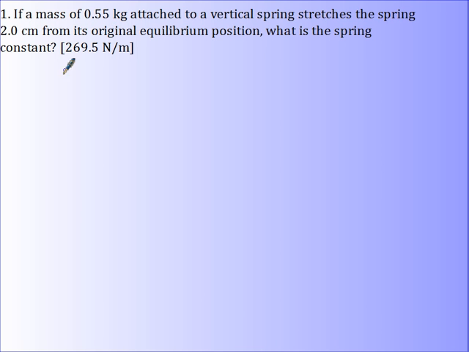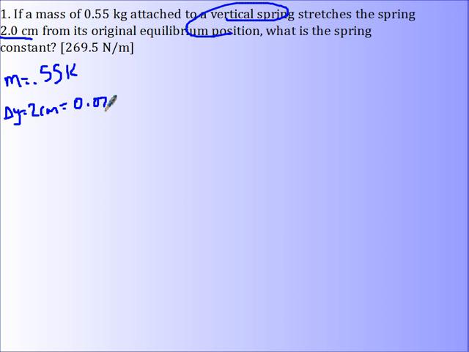If a mass of 0.55 kilograms, so m is 0.55 kilograms, is attached to a vertical spring, okay, so it's vertical, and stretches the spring 2 centimeters, so delta y is 2 centimeters, but you're smart, you're going to convert that to 0.02 meters. From the original equilibrium position, what's the spring constant?